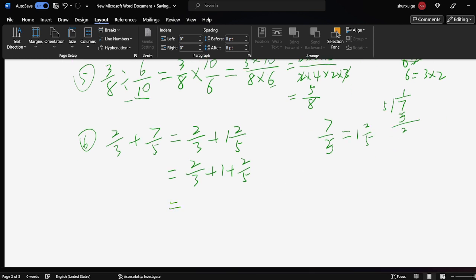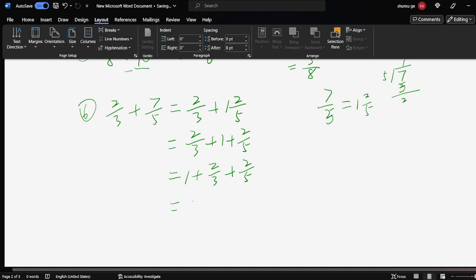Okay, so here I move this one from one place to another place. They are all addition, so we can change the order, no problem. We don't change the solution. So 1 plus 2/3 plus 2/5. So now we put them together.